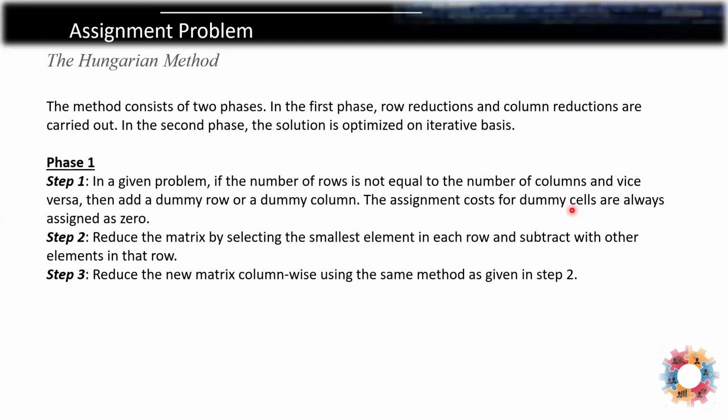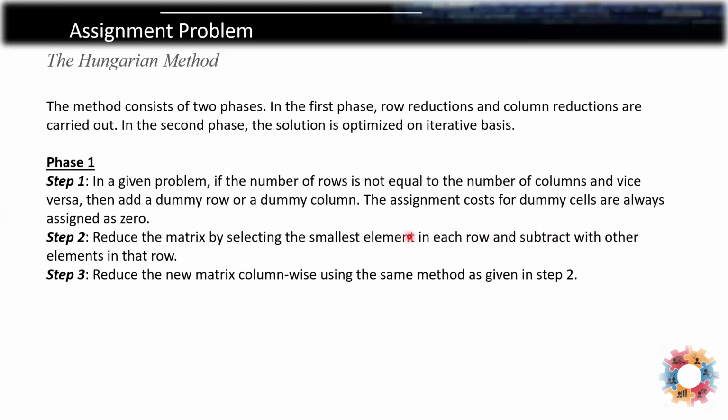Then after making sure that you have a balanced problem, you now apply the row reduction and column reduction. Row reduction is done by selecting the smallest element in each row and then subtracting that smallest element from the rest of the elements in that row.